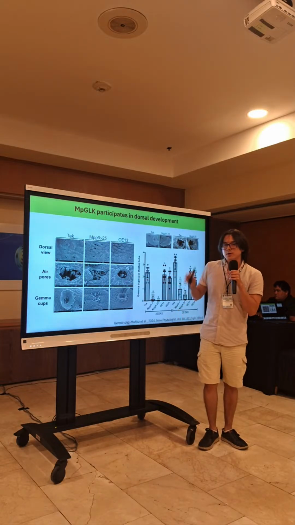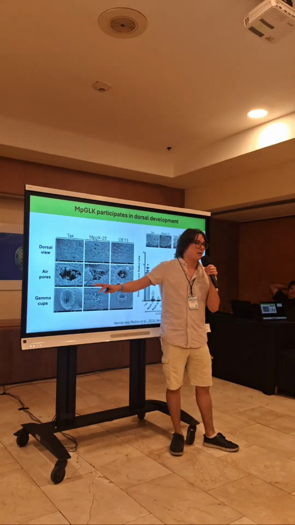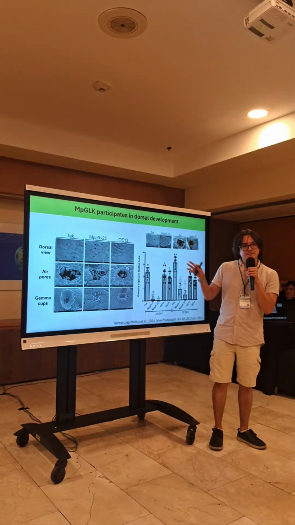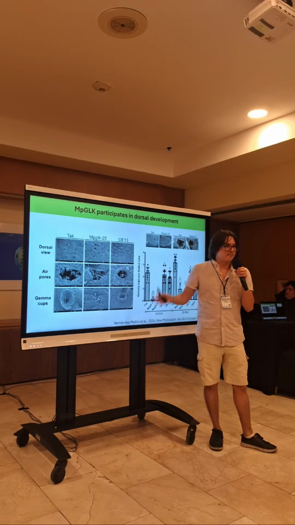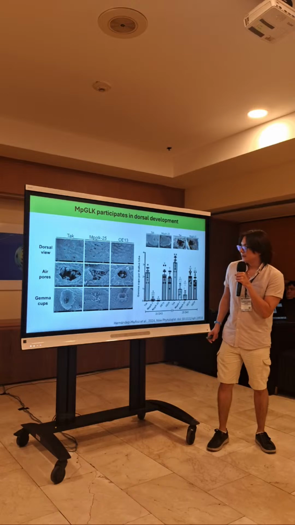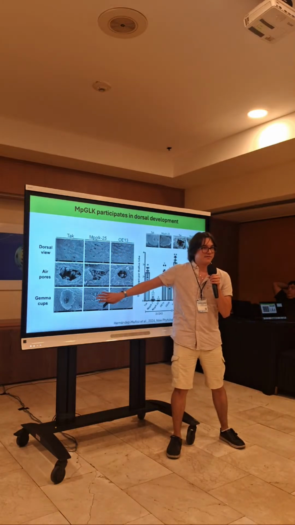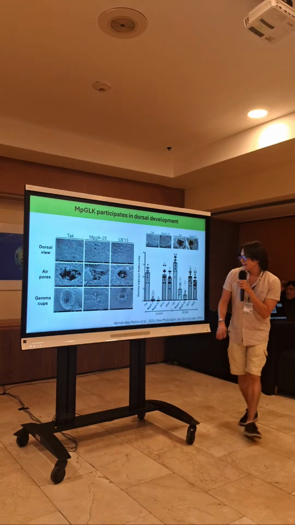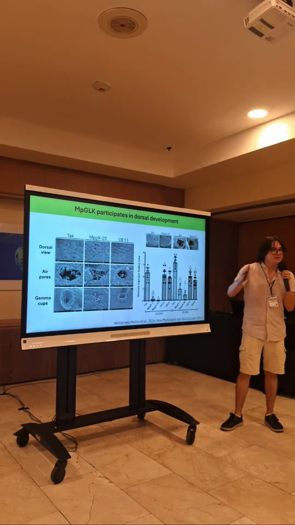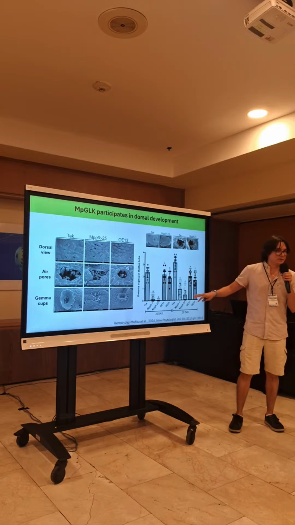And also, when analyzing the development of the gemma cups, which are a fundamental structure in Marchantia that allows this plant to reproduce asexually, the mutant at 20 days old still lacks this structure. However, these mutants are able to develop this structure later on in development, at 25 days old.